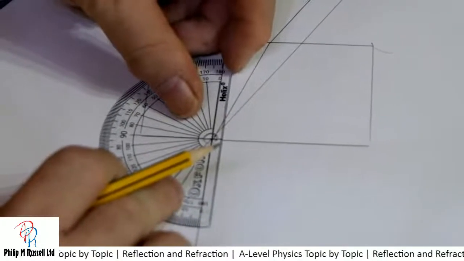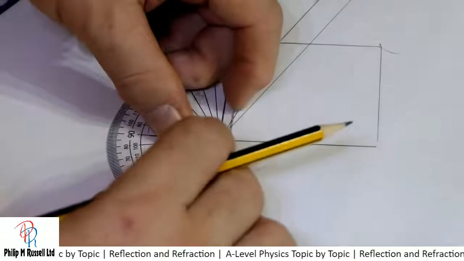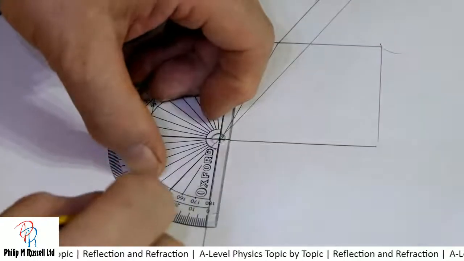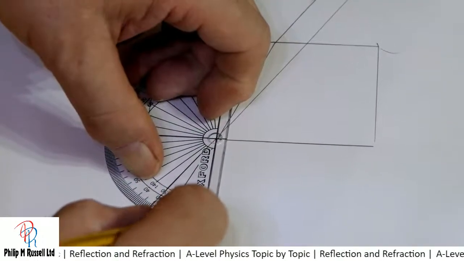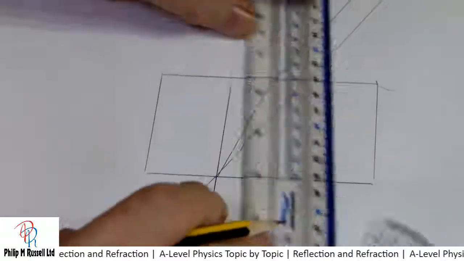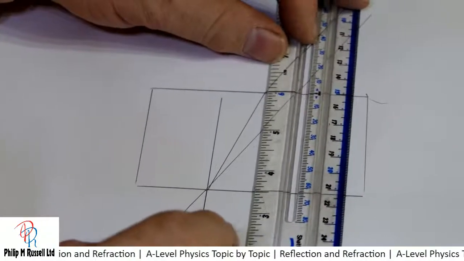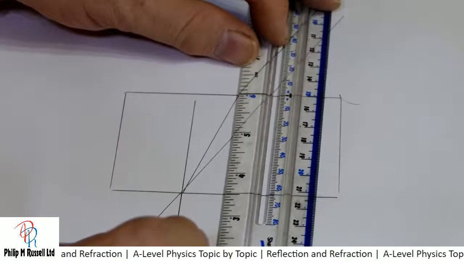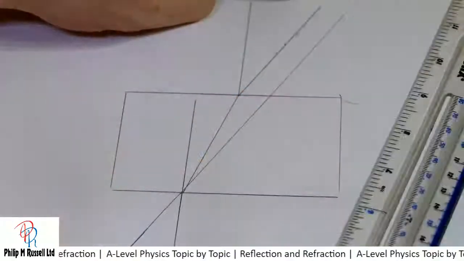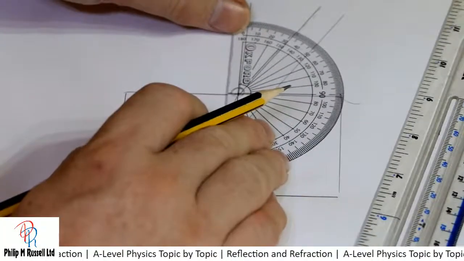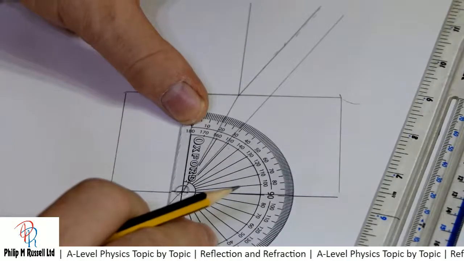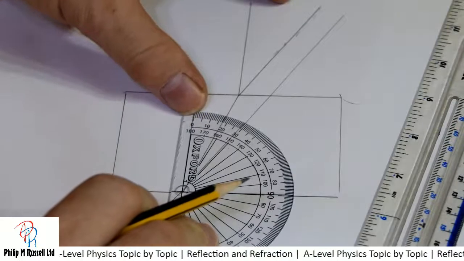So if I line this up, then pretty amazing, I've got 30 degrees here. If we do the normal on this side, if I got this working correctly, 30 degrees there, pretty much, and we'll measure this angle of refraction.